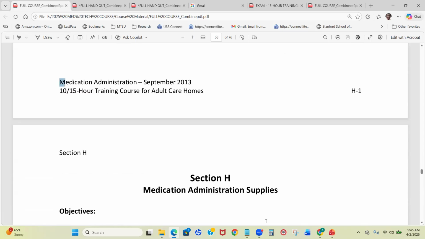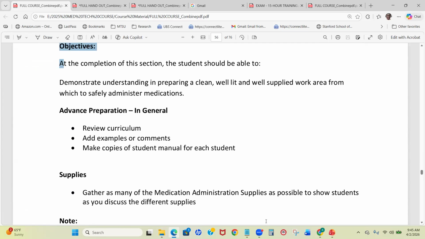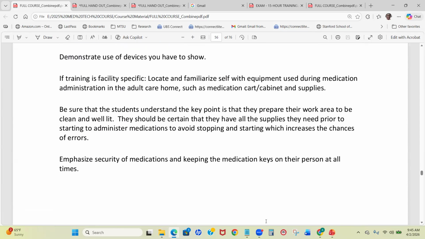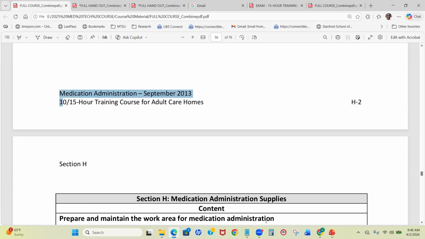So let's look at the medication supplies. When you come to work and you are about to start your job, you should be familiarized with all the equipment that you are about to use. Your med cart, where you see your water pitcher, medicine cups, the cups they're going to drink from, alcohol preps.